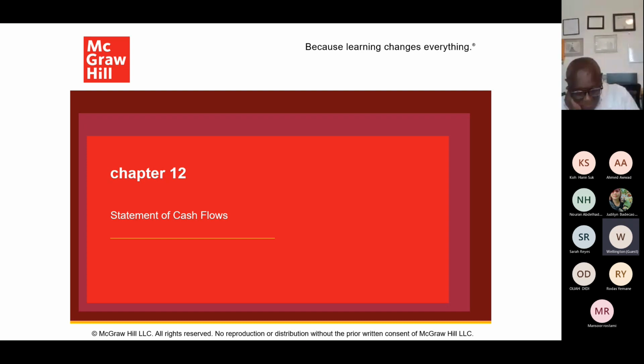Wages payable decrease, subtract 17,400. Then the unearned revenue increase at 25,400. Is it 25,400?